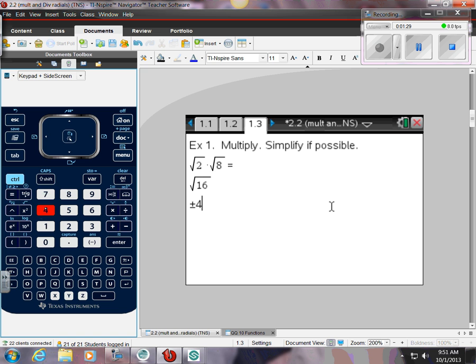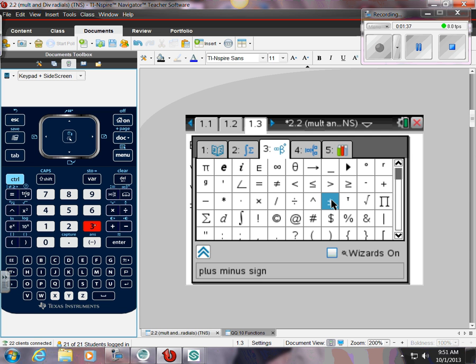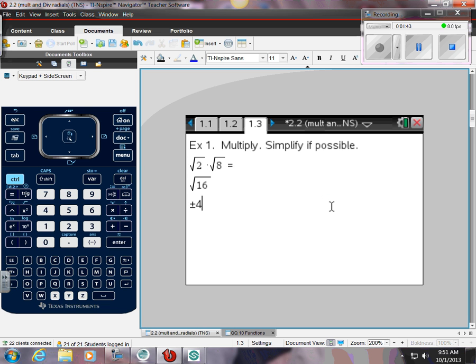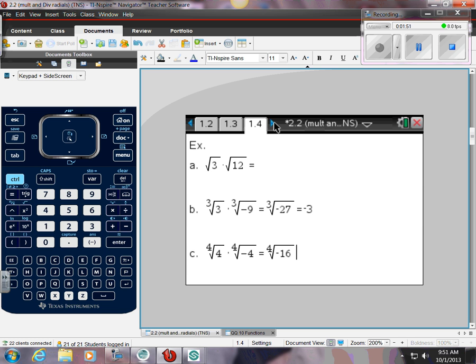Always positive and negative. The book is next to the math template key. If you hit the 3, it'll bring you to tab 3, which is where you'll find all your symbols. Okay, good. Any problems with that multiplication piece? It's pretty simple, right? Okay, so let's go to the next page.